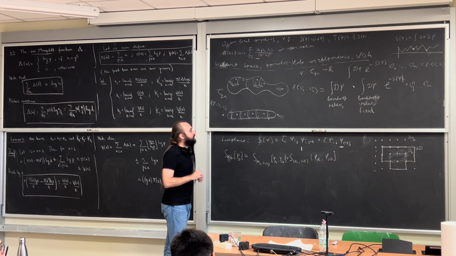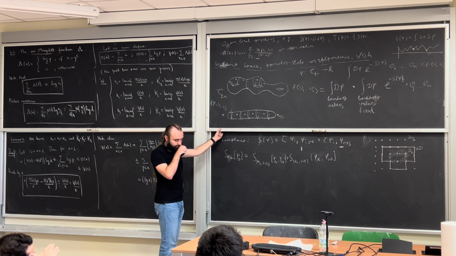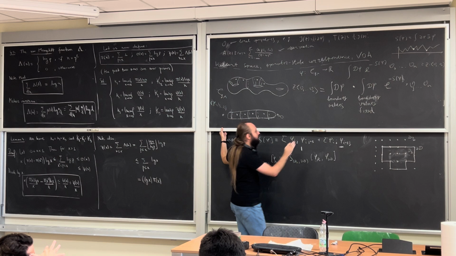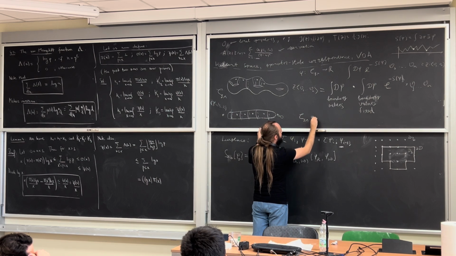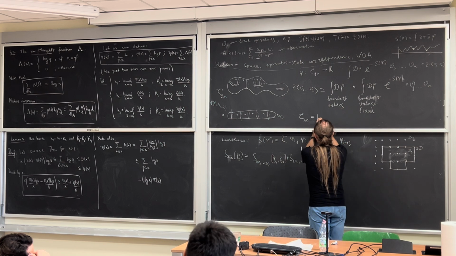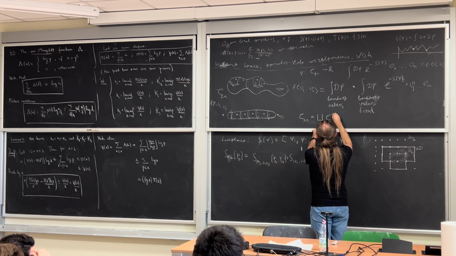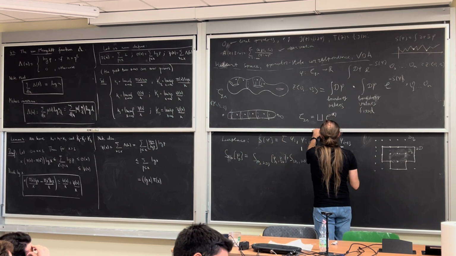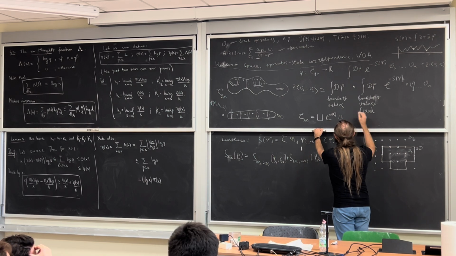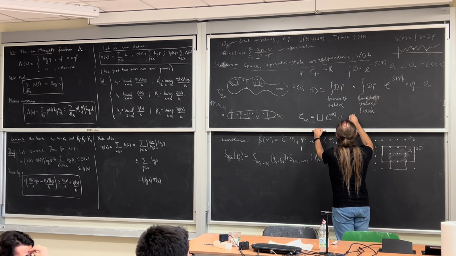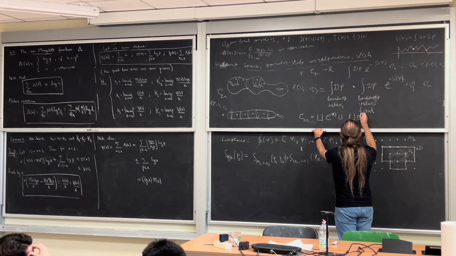So let us better say that this Riemann surface is a union of pieces C_k, and some, let us call them, boundaries.